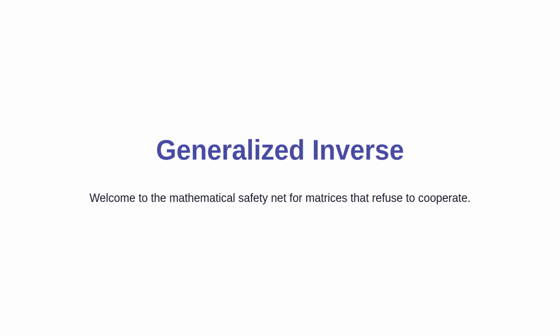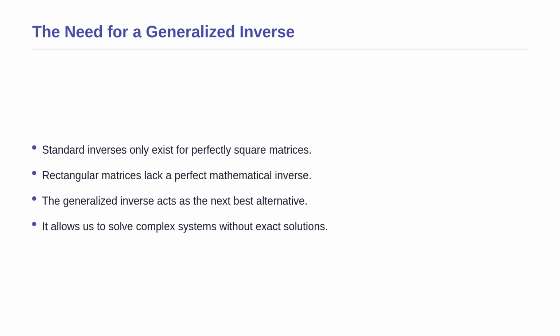Let us dive in. Now that we know what our topic is, let us understand why we need it. In standard matrix algebra, finding an inverse is like finding a perfect pair of shoes. It only works if the matrix is perfectly square. But in the real world, data is messy, and we often deal with rectangular matrices that have a different number of rows and columns.